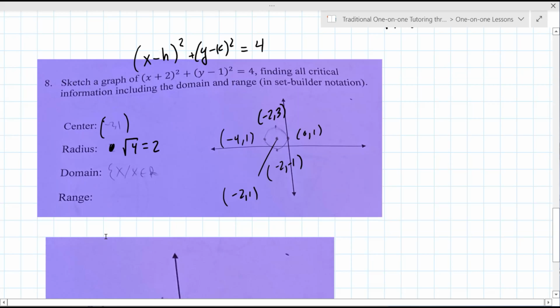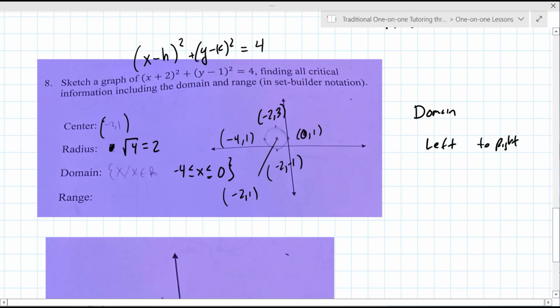And this helps you answer what you were asking before, the domain and range. The domain is left to right. So what is the leftmost x value? Minus 4. So minus 4 is less than or equal to x. What's the rightmost x value? Oh, sorry, 0. I don't know how I misread that.